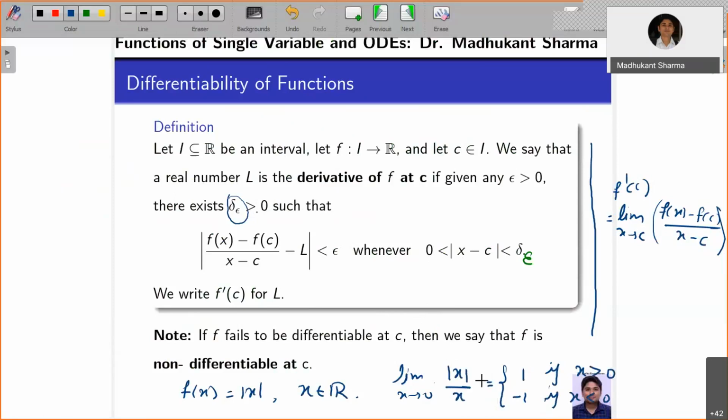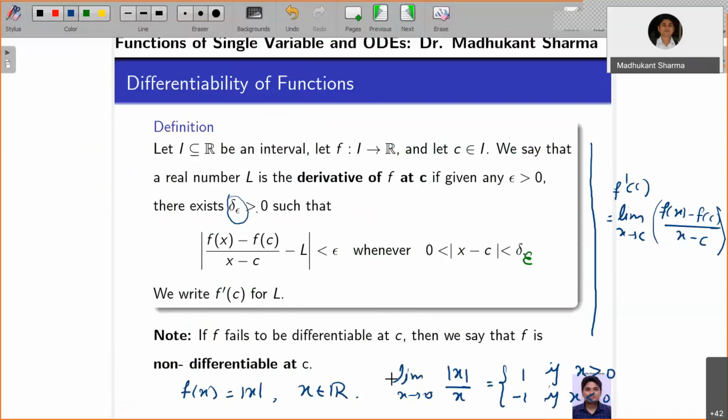The left hand limit and right hand limit do exist, but they are not equal. So the function will not be differentiable at the point c, that is at the point 0 here. Elsewhere it is differentiable; except at 0 it is differentiable. You can also show that.